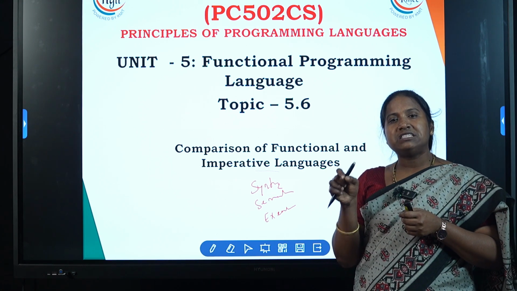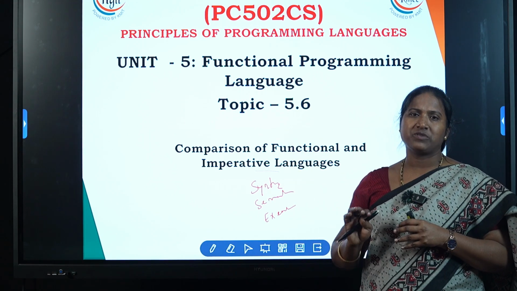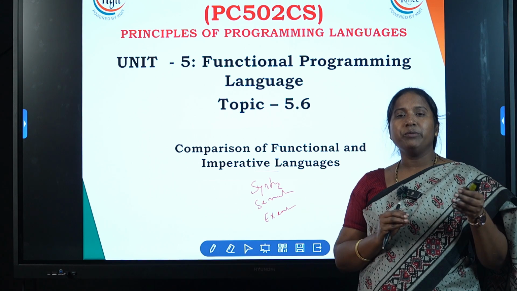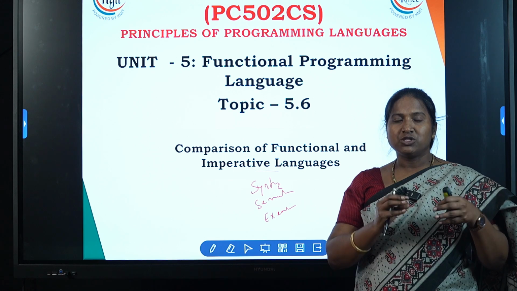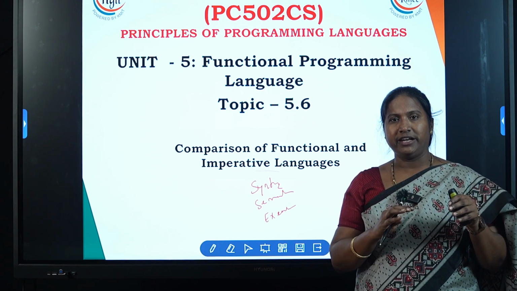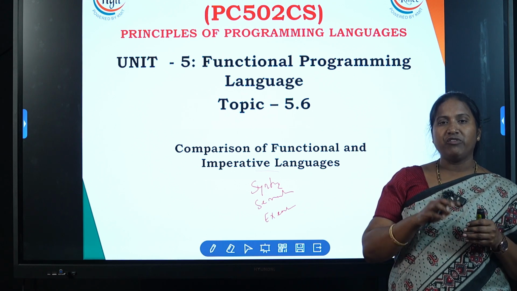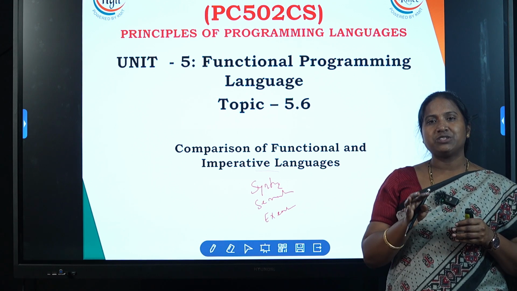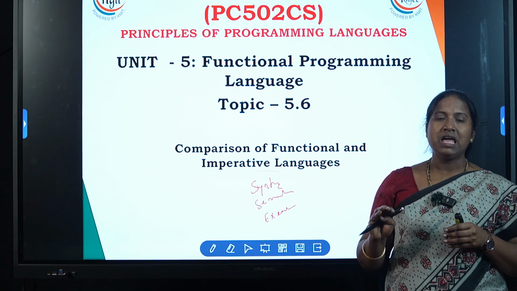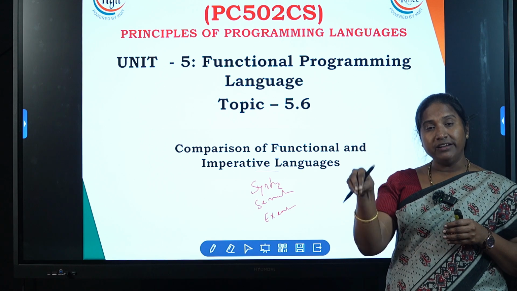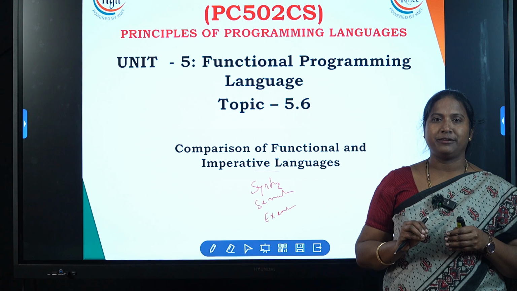A language which doesn't need commands, we say it is functional, or object-oriented, or scripting. Imperative languages have some restrictions and limitations. It is never true that all imperative languages use only a compiler and all functional programming languages use only an interpreter. There are functional programming languages which use a compiler.